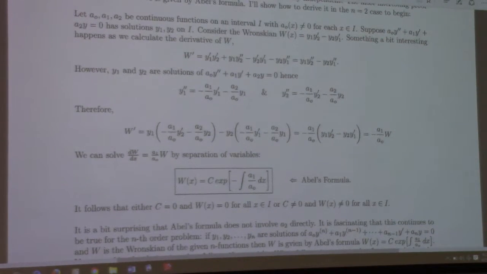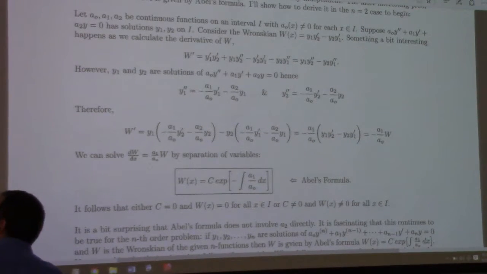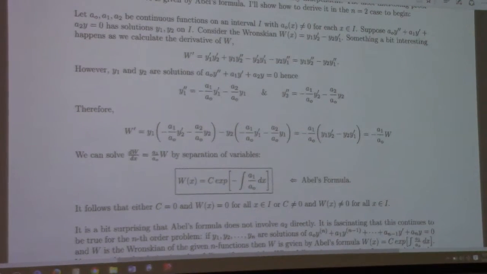I'm looking at the second order case, so the differential equation is a naught y prime prime plus a1 y prime plus a2 y equals 0. I'm supposing that I have two solutions to this. So if I put 1 here, 1 here, 1 here, or 2, 2, 2, it works. They're solutions. You plug them in, they work.